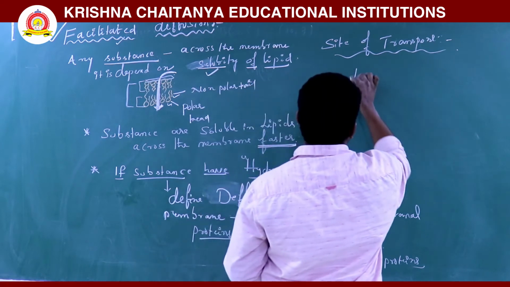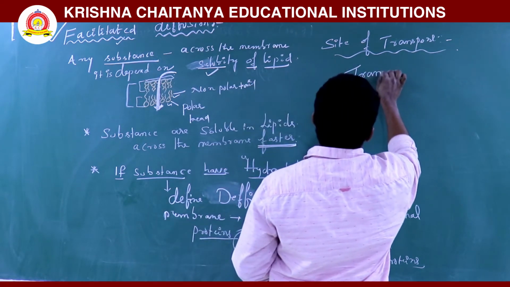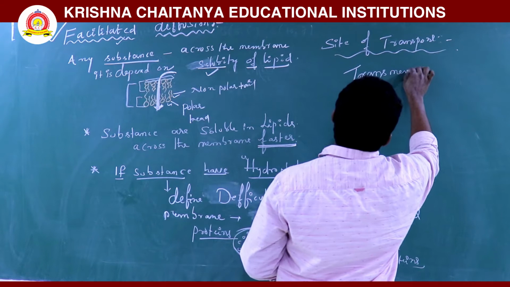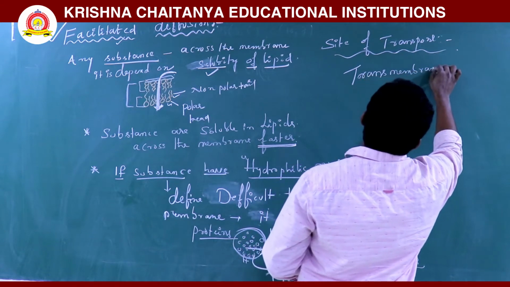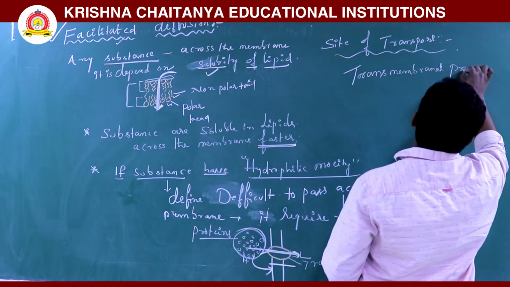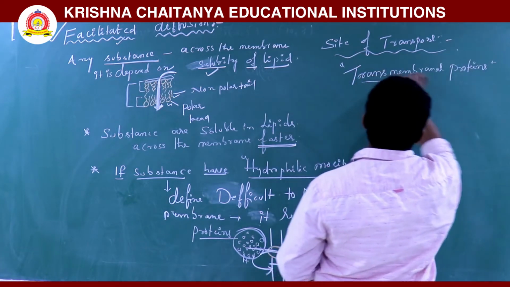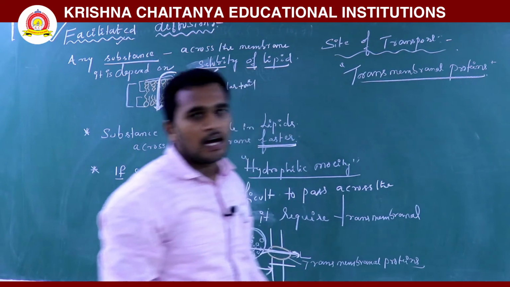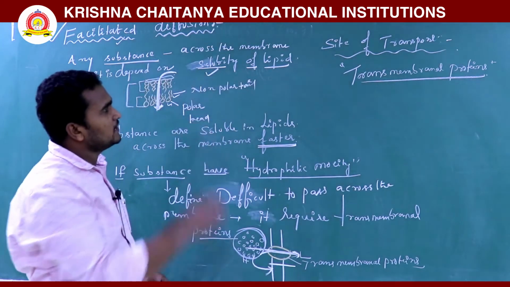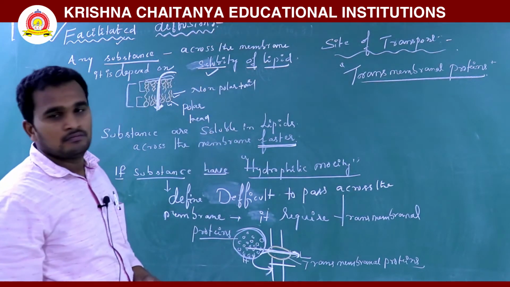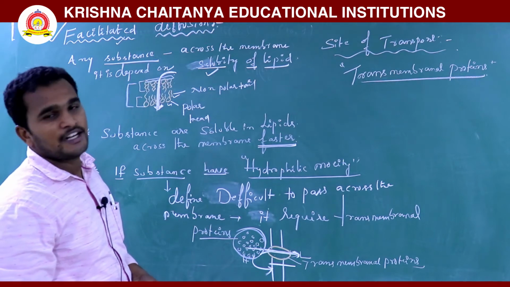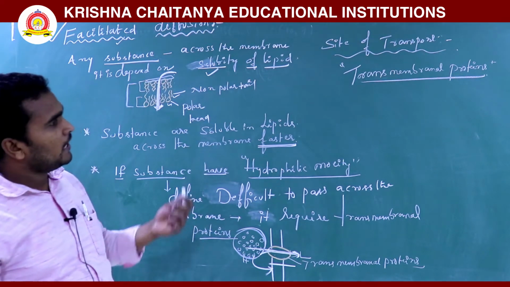Nothing but transmembrane proteins. Transmembrane proteins are tunnel proteins. It is the site of transport for facilitated diffusion.